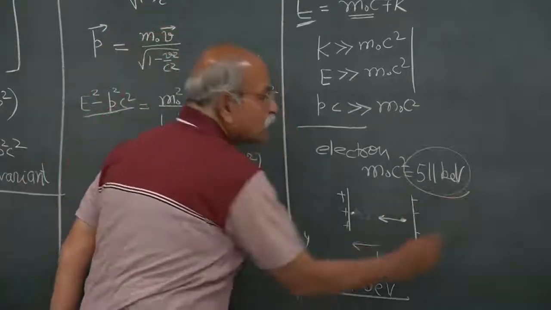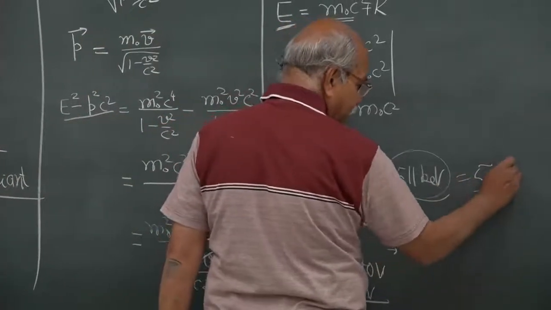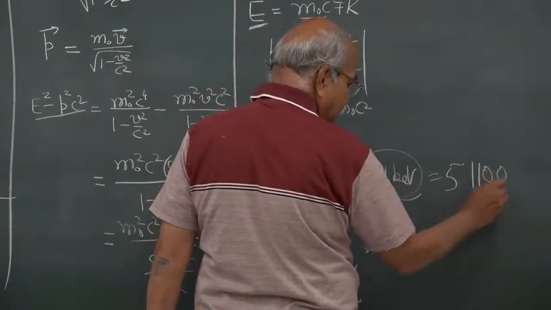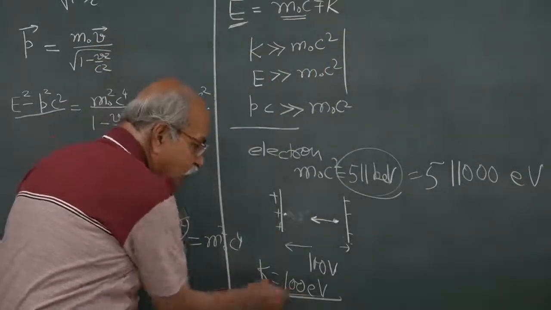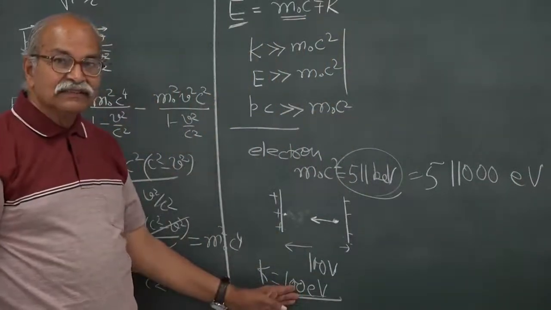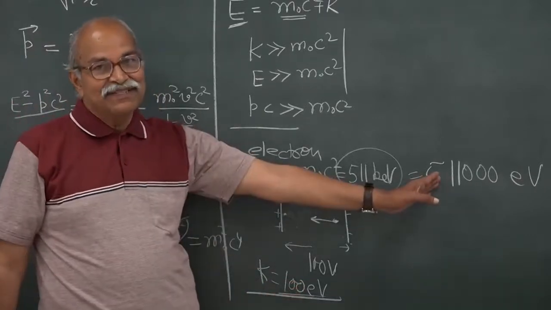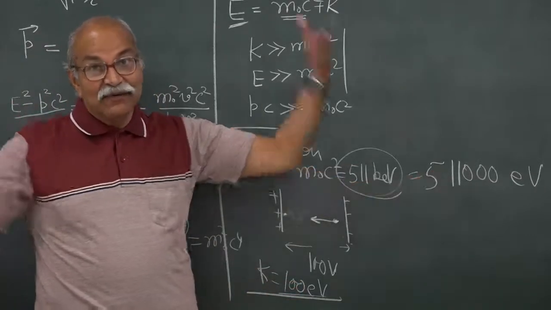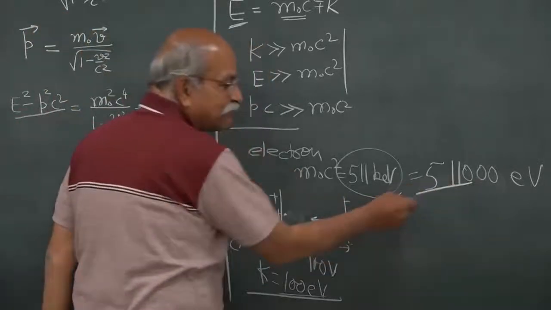the rest mass energy is 511 keV. So, this is 511,000 eV, and this is 100 eV. So, this is much smaller than the rest mass energy, unless I am doing very sophisticated experiments. Okay, it is 1 in 5000.